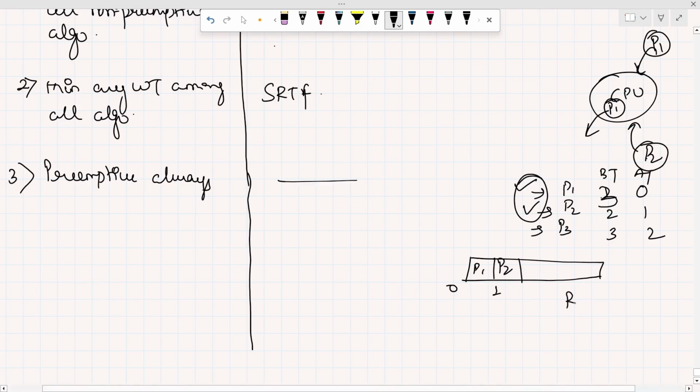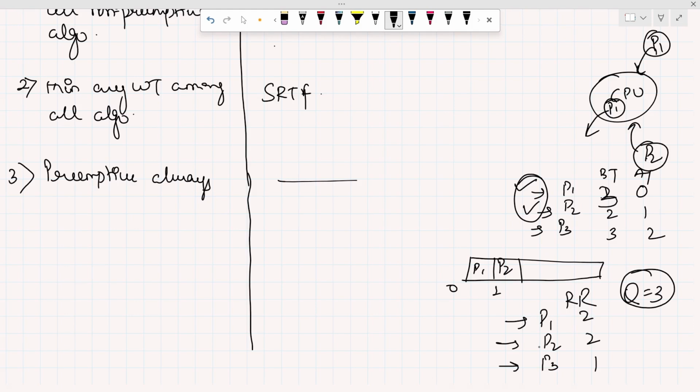If you take the example of Round Robin, let's say the processes in the ready queue are P1, P2, P3, the burst times are 2, 2, and 1, and the time quantum is 3. In this situation, process P1 gets the CPU and executes completely, and P2 gets the CPU and executes completely, because the time quantum is 3 and the burst time is 2. So there is no switching, no repetition of a process.